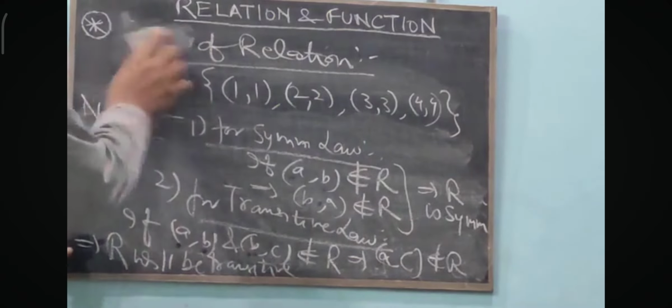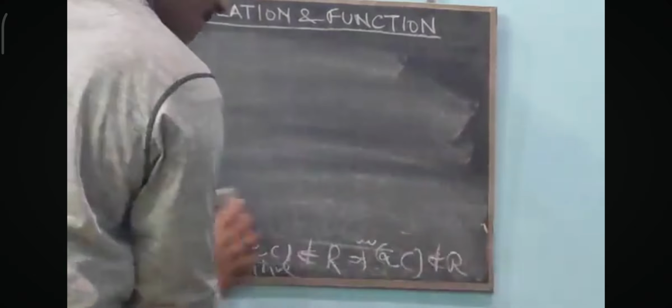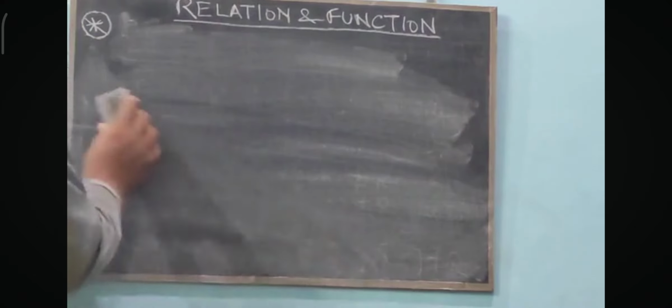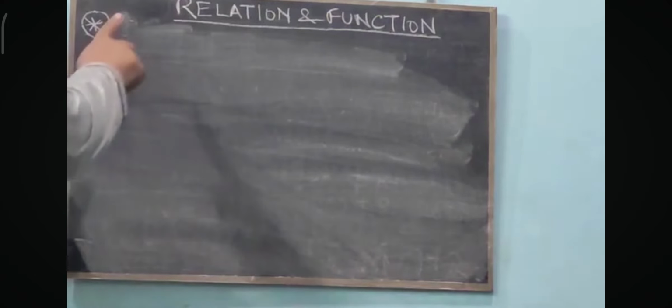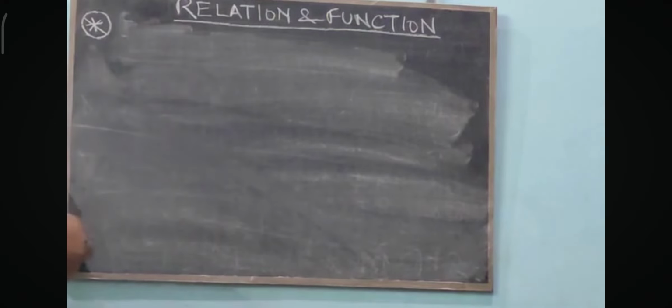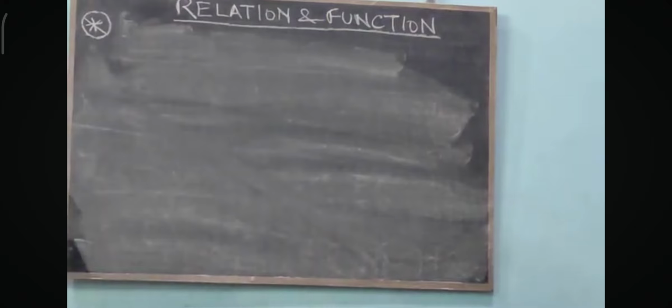Now we will proceed towards function. Let us see. In class 11th we have studied about function, its parts, its types, graphs also. Now here we will study, we have to actually, a function would be given to us and we have to recognize what type of function it is.